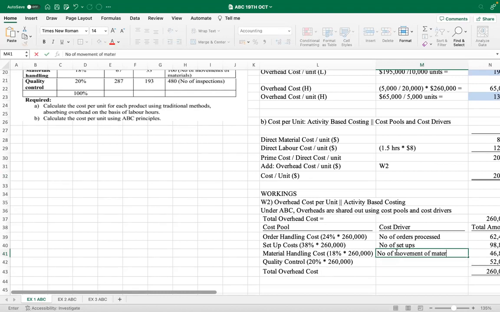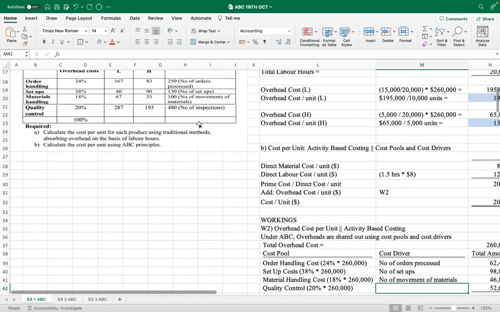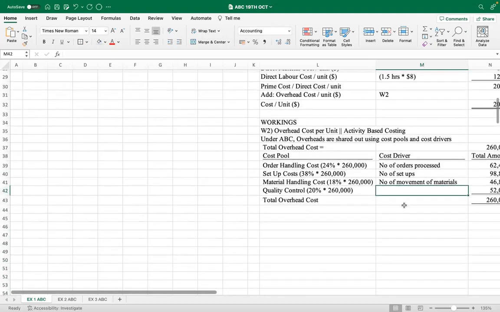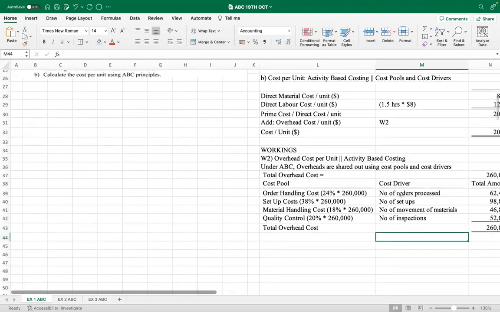The last one, quality control, is number of inspections. Now you are given the number of orders in each case, number of setups.